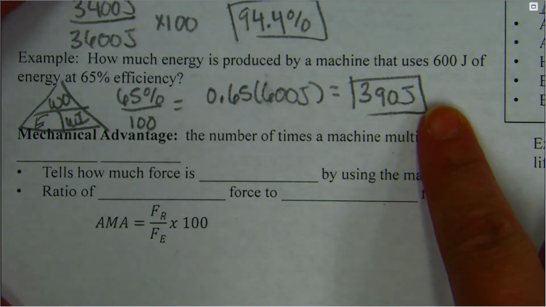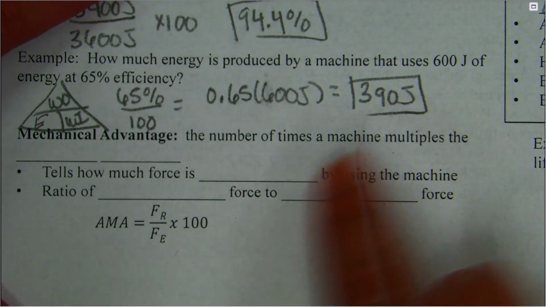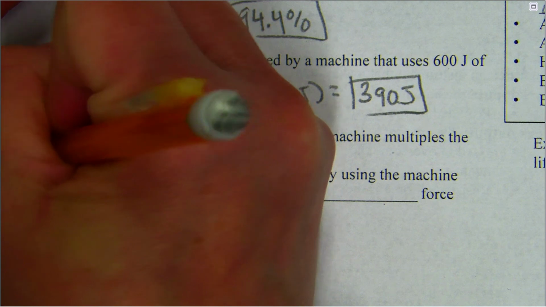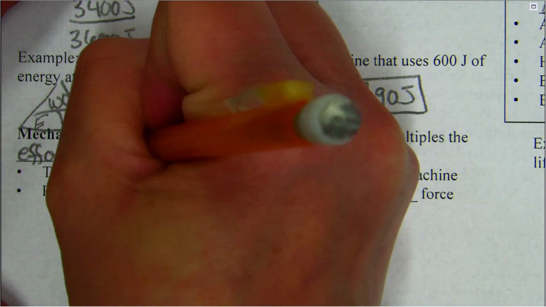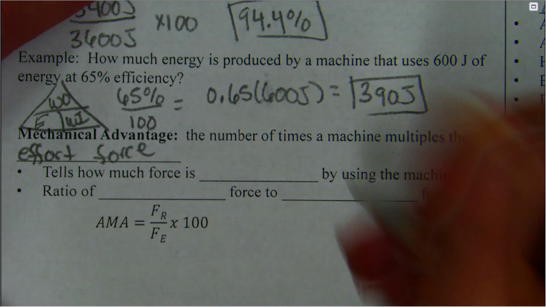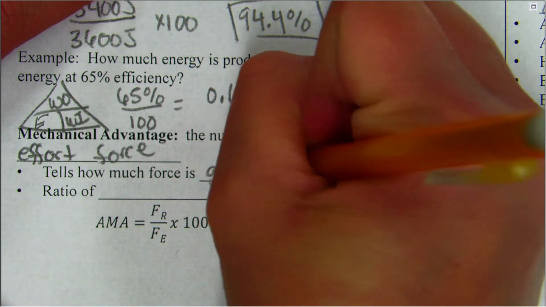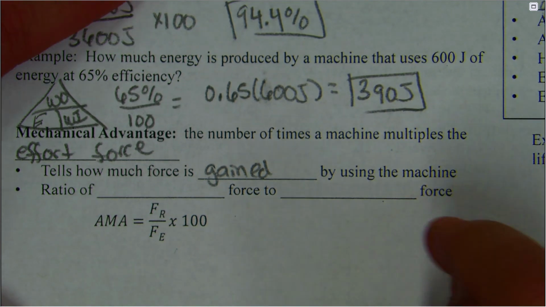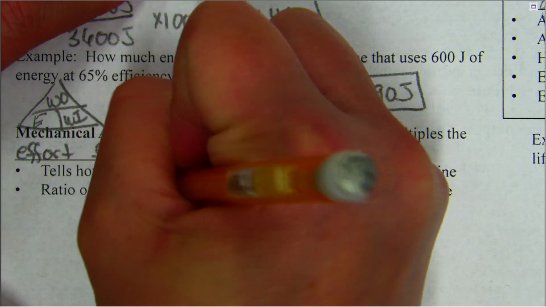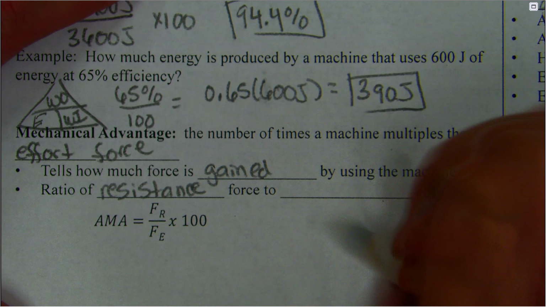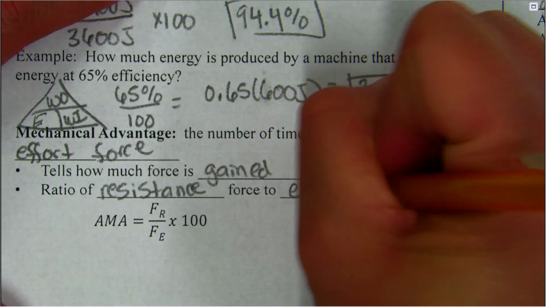The mechanical advantage is the number of times a machine multiplies the effort force, how much effort I put in. It tells us how much force is gained by using the machine, and it is the ratio of the resistance force to the effort force.